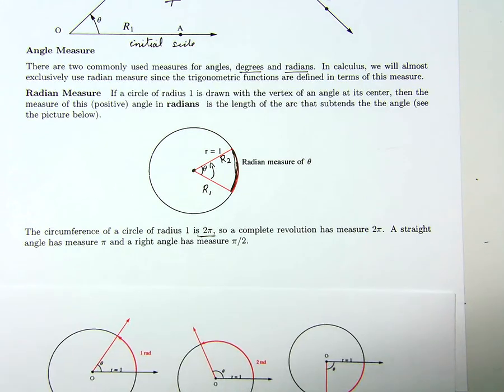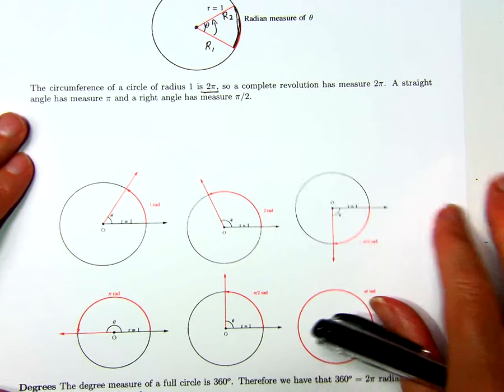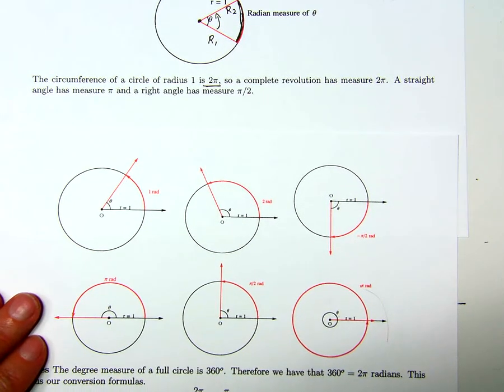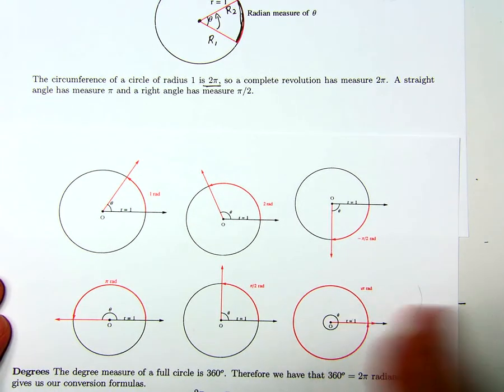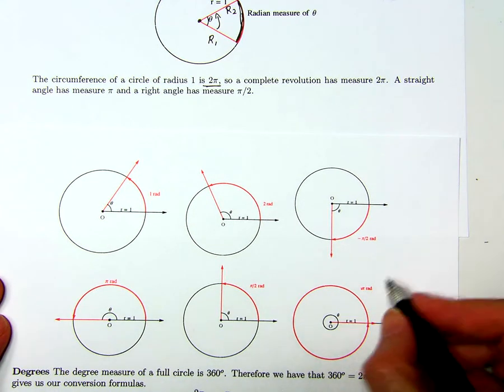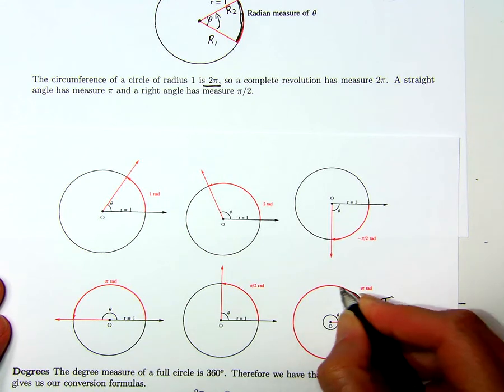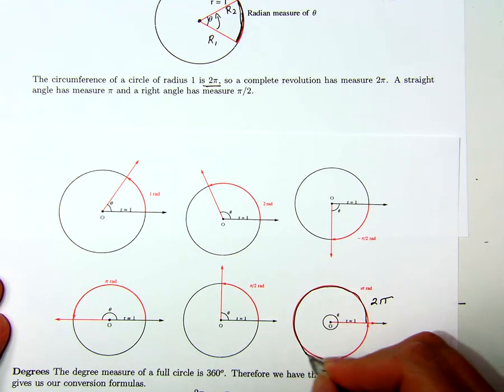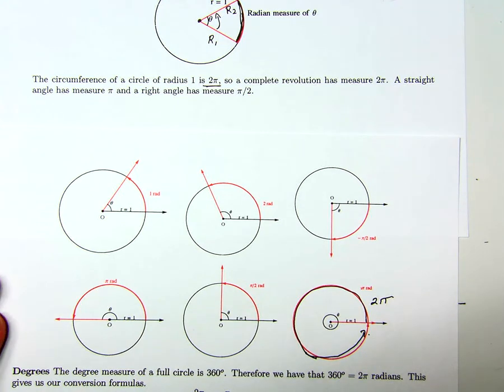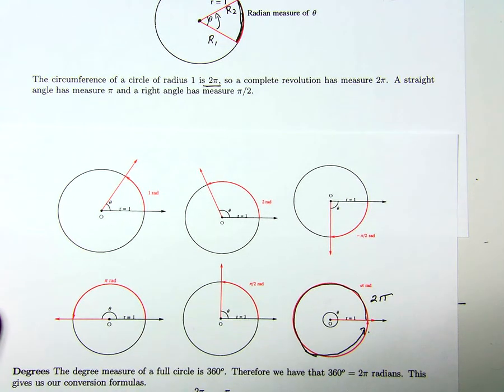Here's some pictures of angles and their measures. If you zoom in on this online, you'll see the measures. This is 2 pi. This is one full revolution in a counterclockwise direction, and it completes one full circle, so its angle is 2 pi.